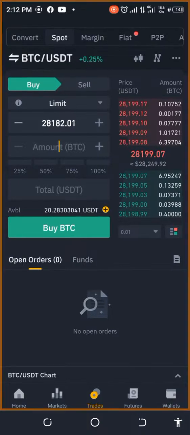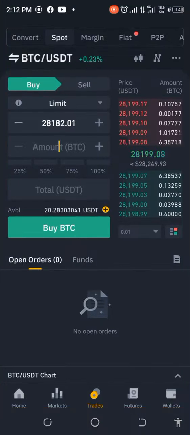So just remember that the fees were taken out. Initially, BTC USDT didn't attract any fees, but now the fees are back. So whenever you're doing a triangular arbitrage, always remember that you're going to be paying fees 3 times: in the first leg, in the second leg, and in the third leg.